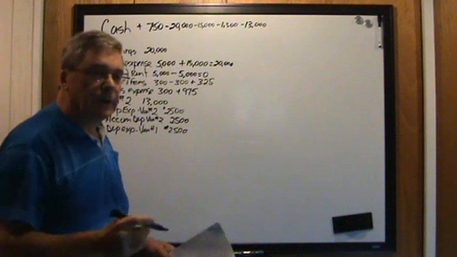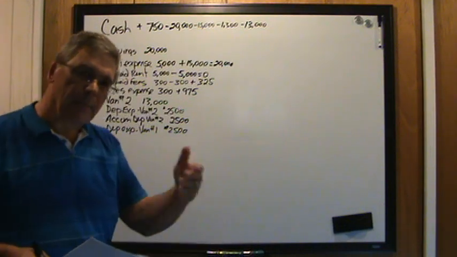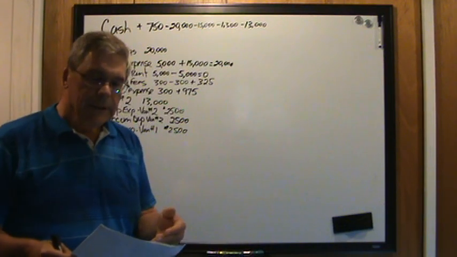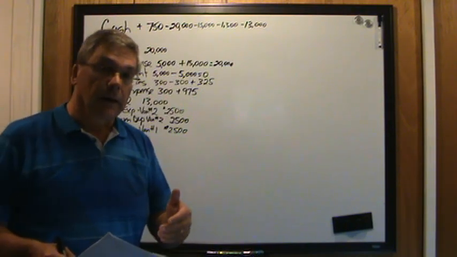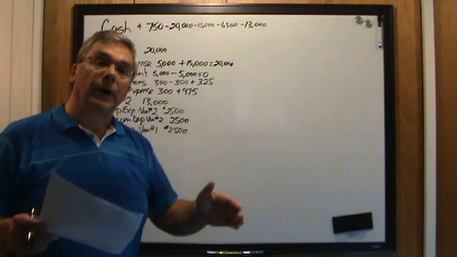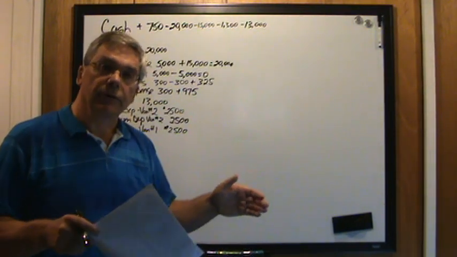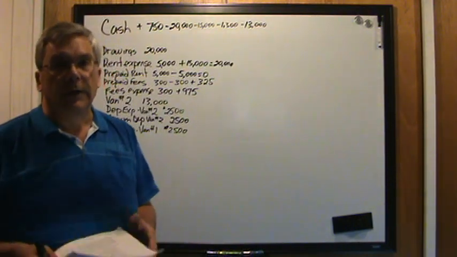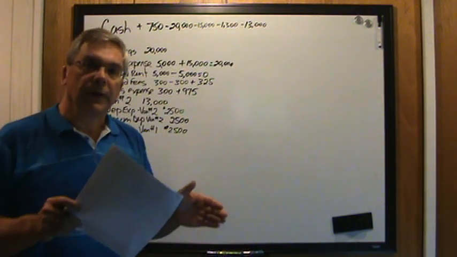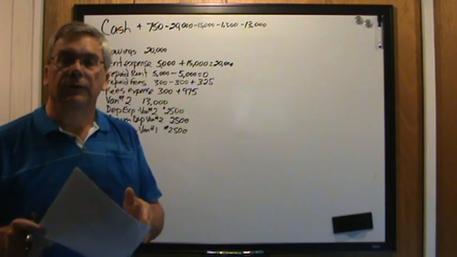Okay? And the reason we know that is because if we go to the balance sheet, there's an accumulated depreciation for van number 1 there already of $2,500. That represents the year's depreciation in the first year of business. We know that it's straight line depreciation, so the amount taken off each year is the same.